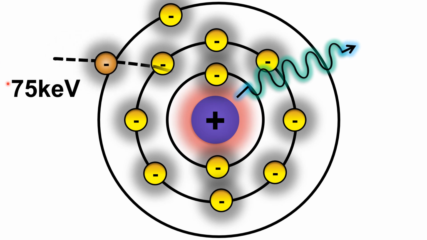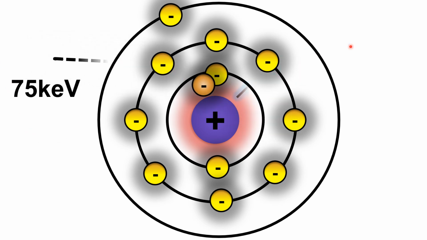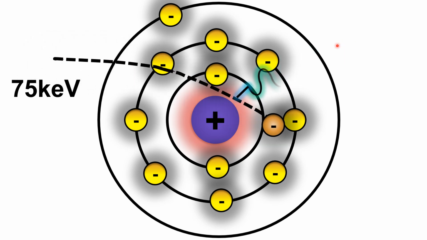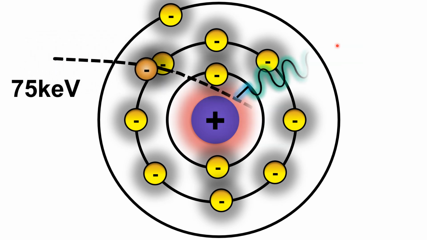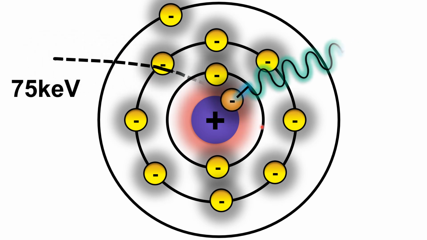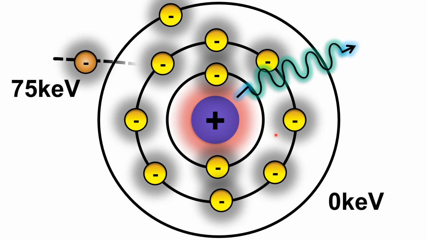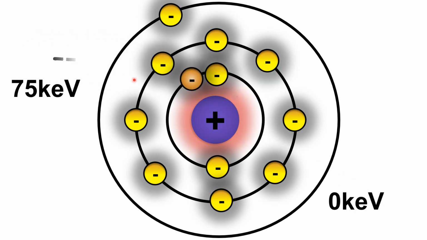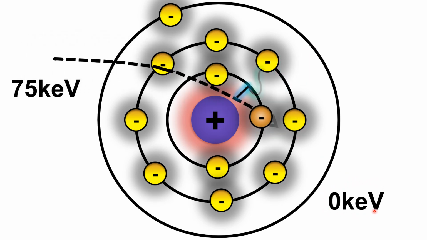which is 75 kilo electron volt, will be transferred into continuous X-rays. So we will get a very short wavelength of continuous X-rays when the incident beam of electrons is stopped near the nucleus of an atom. Since the electrons are not moved away from the atom, the amount of kinetic energy retained will be 0 kilo electron volt.